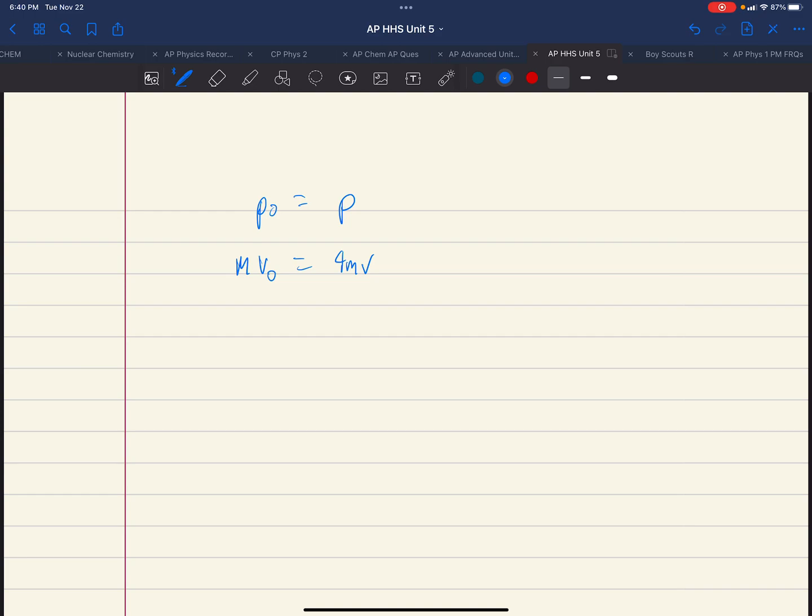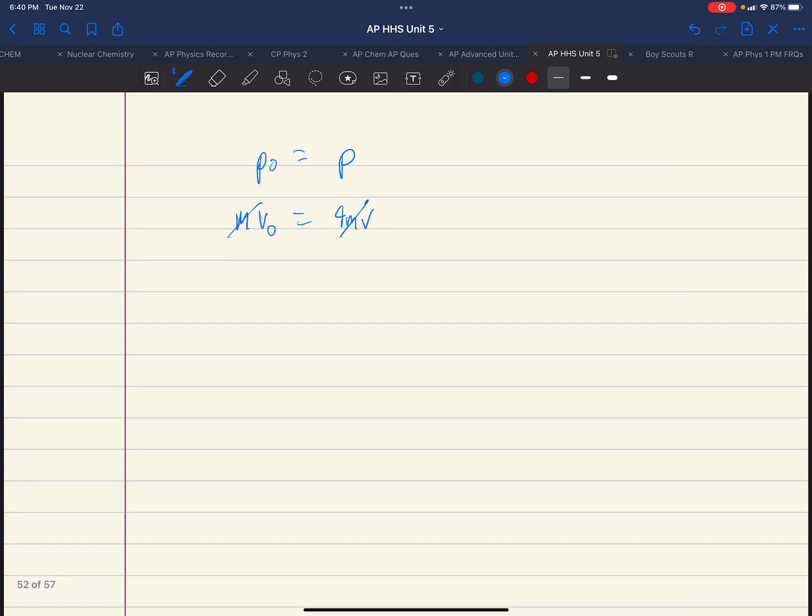And we have m on both sides, so we can divide those out. We're left with 4v equals v0, or the final velocity is 1/4 of the initial velocity. So we just proved that it's less. The v after is less.